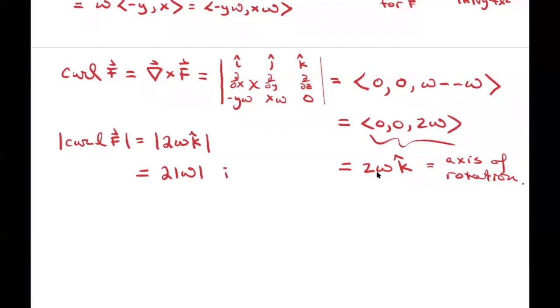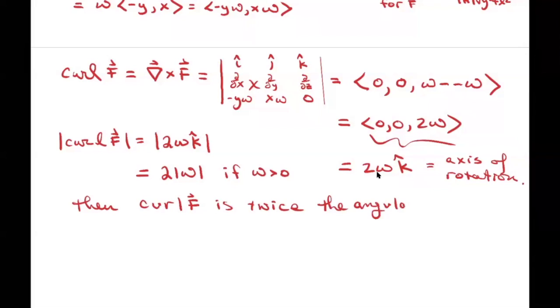So if omega is positive, then the curl of the field is twice the angular velocity of rotation.